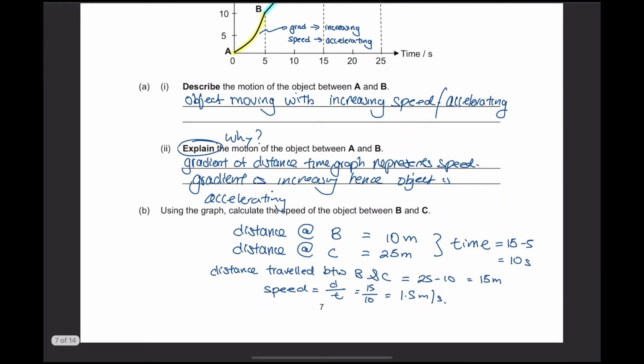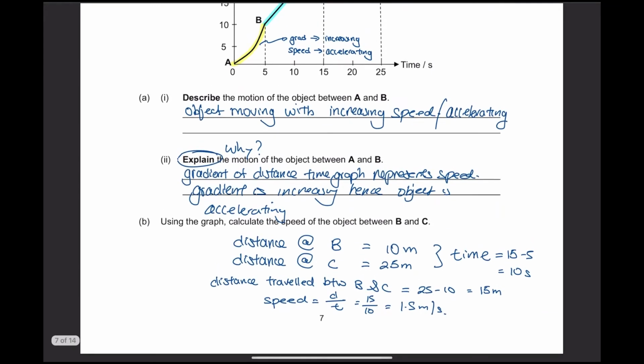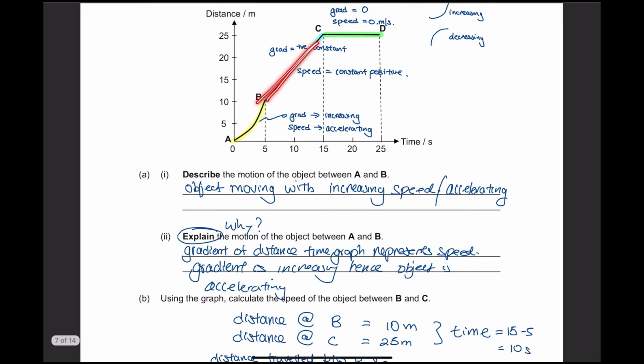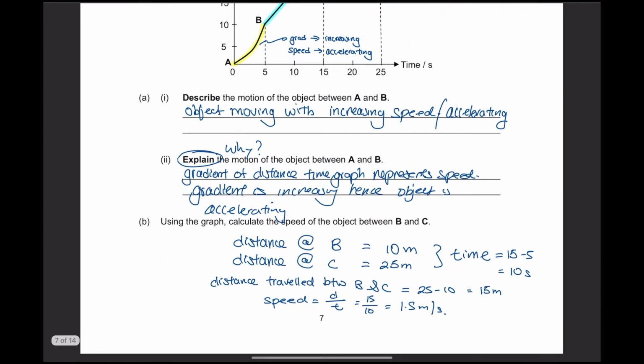Okay, so they ask you down here to calculate the speed of the object between B and C. All you need to use is the gradient formula. So we want to find the gradient down here. We have learned in mathematics the formula: gradient is equal to y2 minus y1 over x2 minus x1.